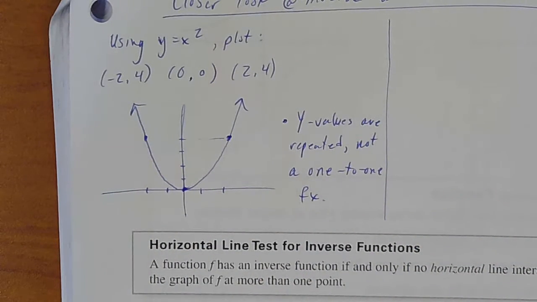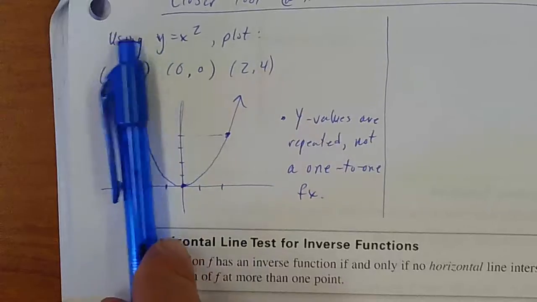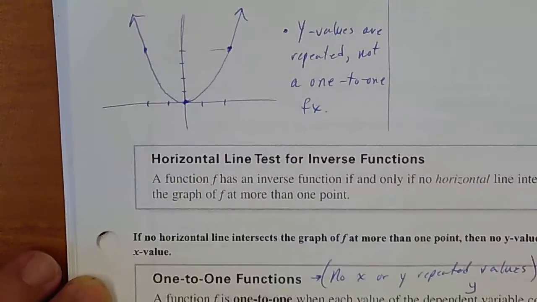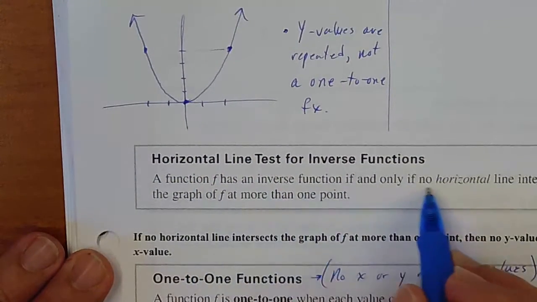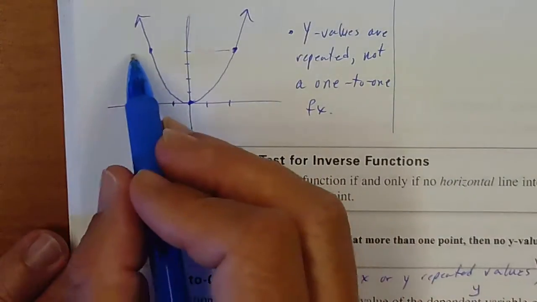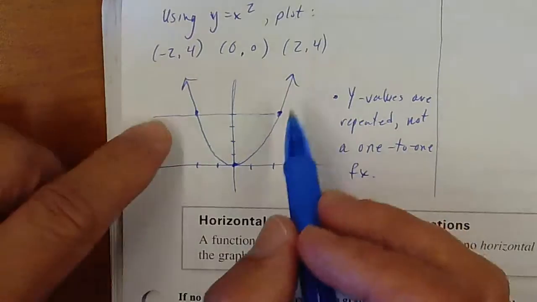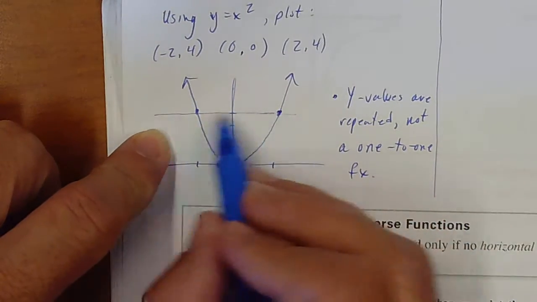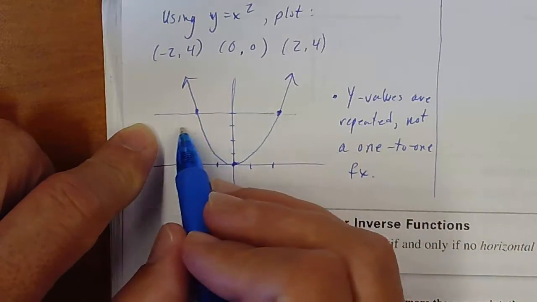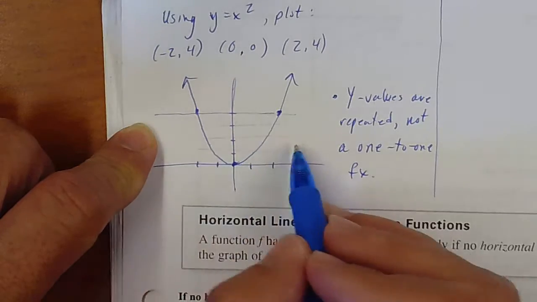Okay. Which is why the horizontal line test works for the one-to-one test. Remember, the vertical line test is just for a regular function. If you want to check to see if it's a one-to-one function, what we can do is draw a horizontal line anywhere. It confirms that I have two y values at 4, where I drew it, and I have two y values at 3, or wherever I want to draw that line.